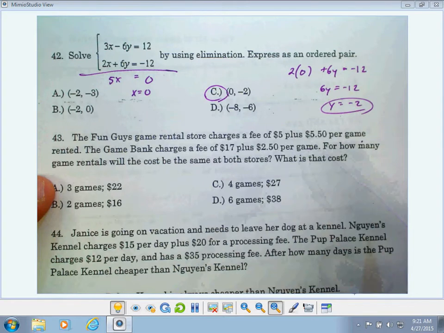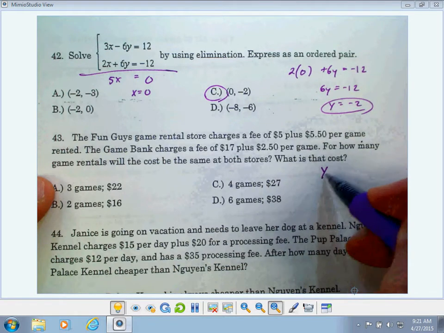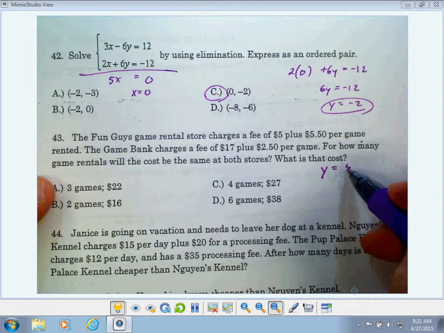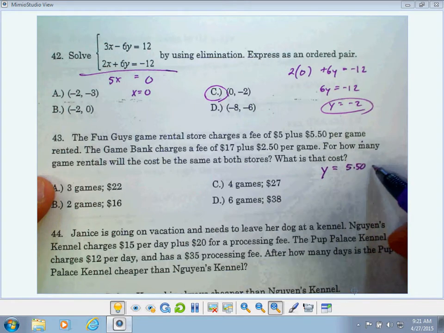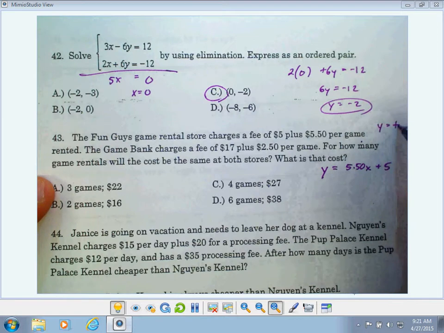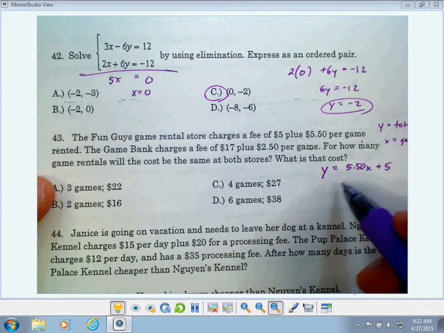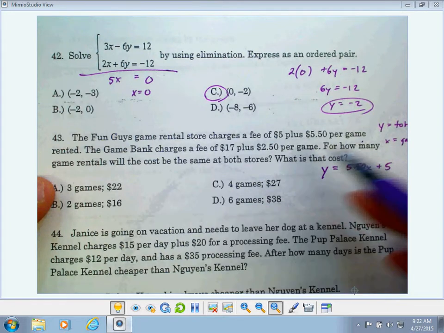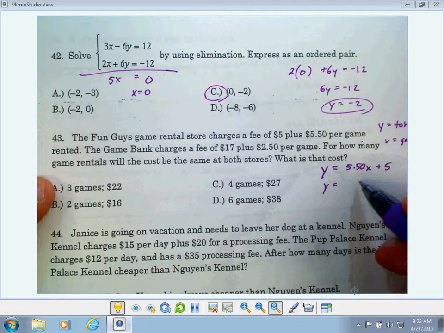So right away I see two equations. y equals 5.50x plus 5, so we can call y the total and x the games. Then the other one would be the total is $2.50 per game, but it's a $17 fee.